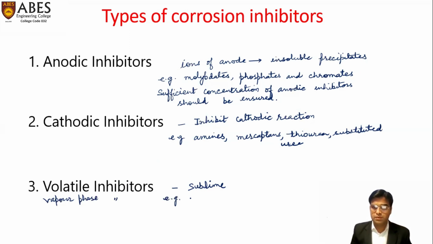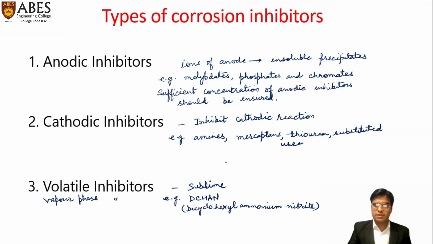Examples may include DCHAN, this is dicyclohexyl ammonium nitrite. It is used for the protection of machineries and equipments when those are packed in containers and sent by ships. So this was about the corrosion inhibitors.